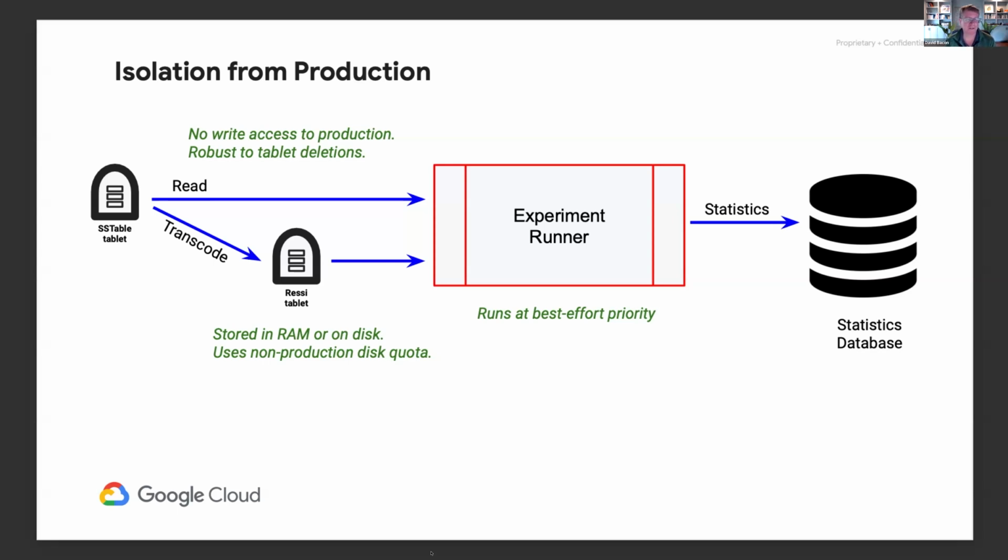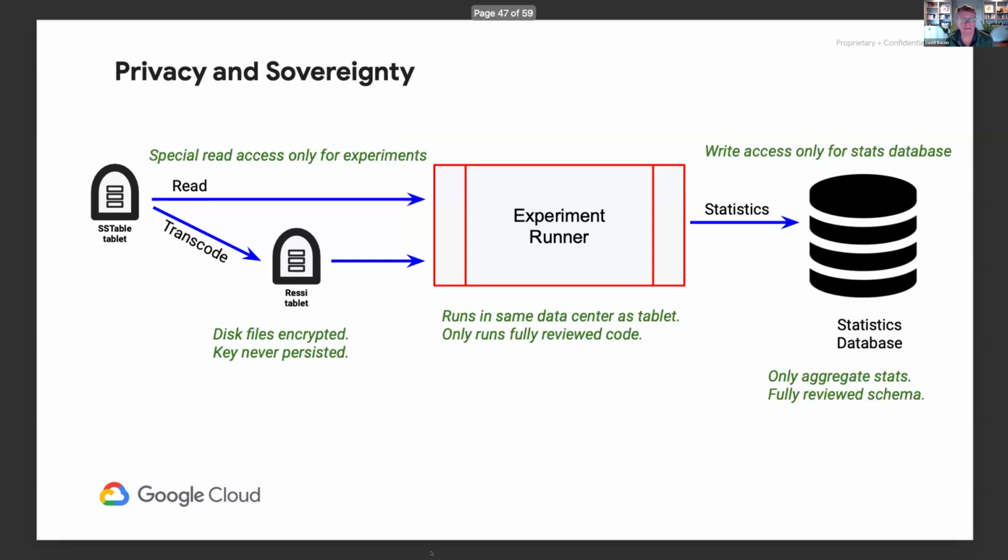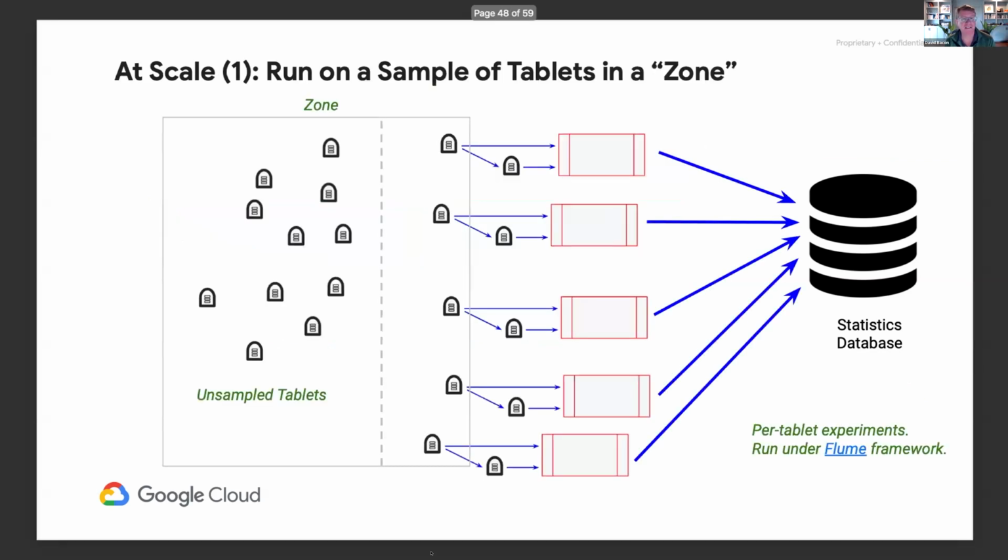It either stores data in RAM or encrypted on disk, without using any real quota, and runs at best effort, so it can always be preempted. And then more things to make sure we don't violate all sorts of requirements. I'm trying to rush through here since we're getting low on time.